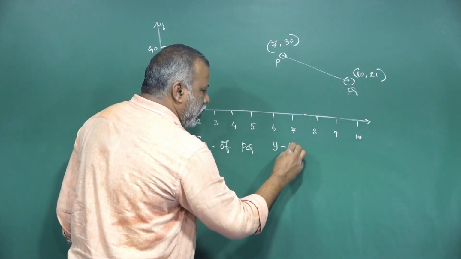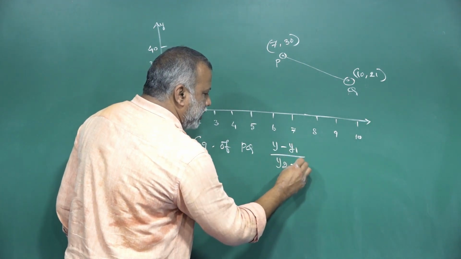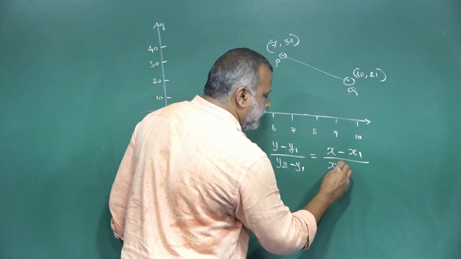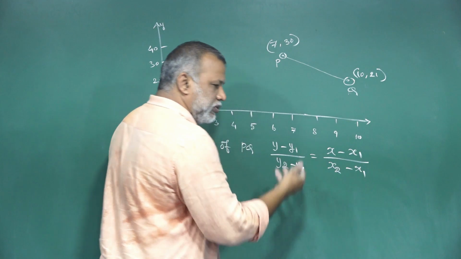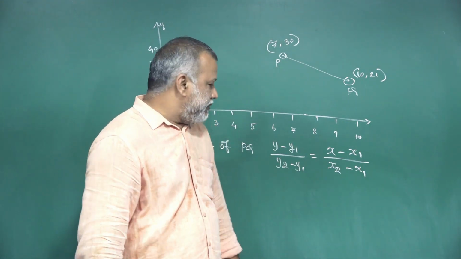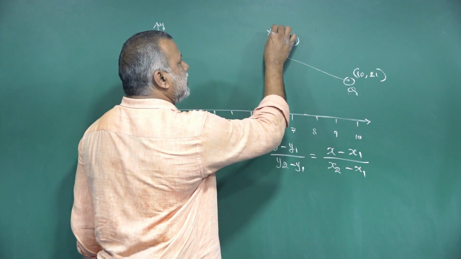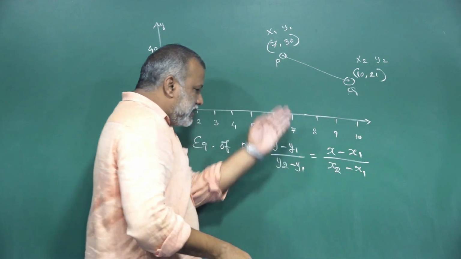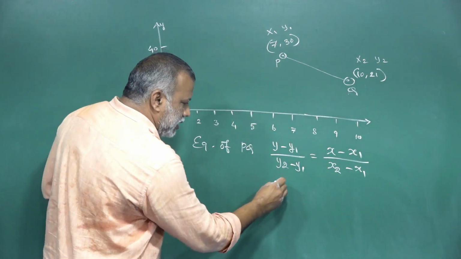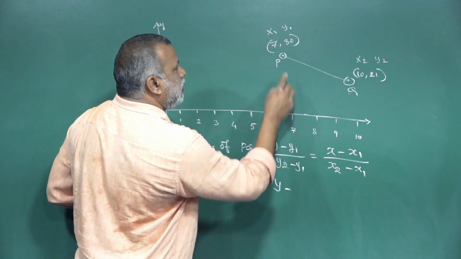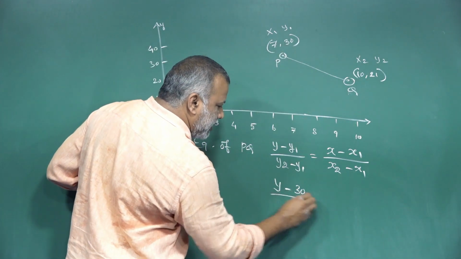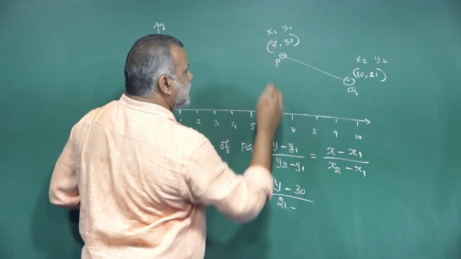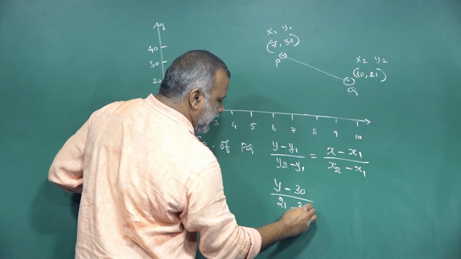That is nothing but (y minus y1) divided by (y2 minus y1) is equal to (x minus x1) divided by (x2 minus x1). So many times we are using the same formula. I can select the first point as (x1, y1) and the second point as (x2, y2). We just need to substitute the data here. y minus, what is the value of y1 here? 30, divided by y2, which is 21, minus again y1, which is 30.